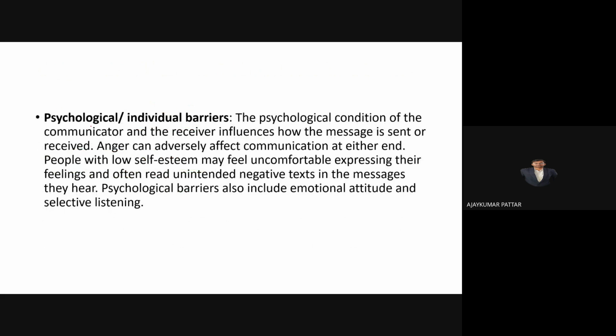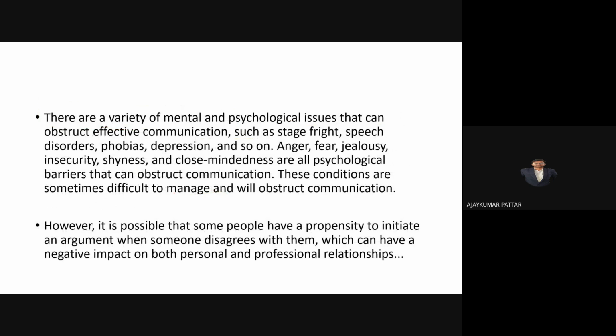Then psychological or individual barriers. The psychological condition of a person also influences how he receives the message. That is also acting as one of the barriers. For example, there are a variety of mental and psychological issues that can obstruct effective communication, such as fright, speech disorder, depression, anger, fear, jealousy, insecurity.